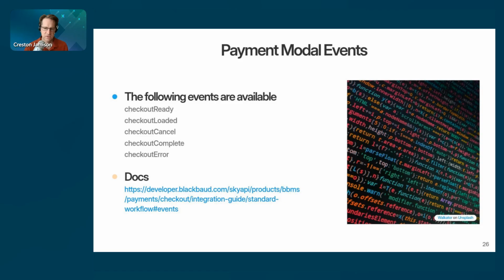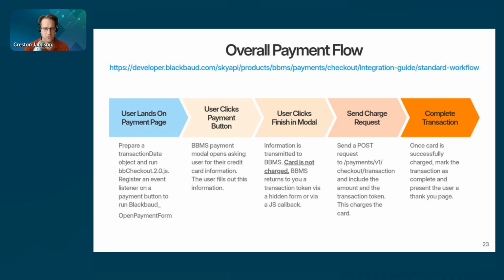Now, another thing that happens throughout this payment process is that there are different events that get fired from the Blackbaud payment modal. They are checkout ready, loaded, cancel, complete, error. What checkout ready is, essentially, is when the user lands on a page and all this JavaScript is ready.